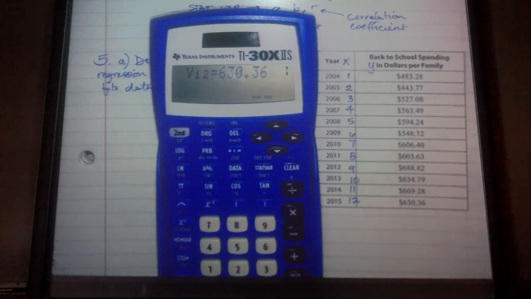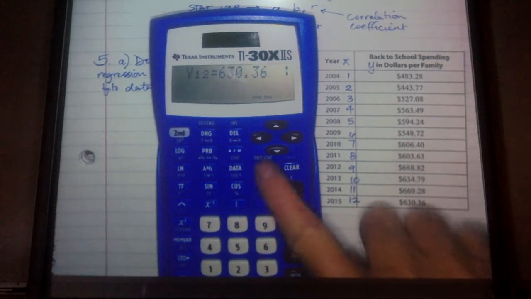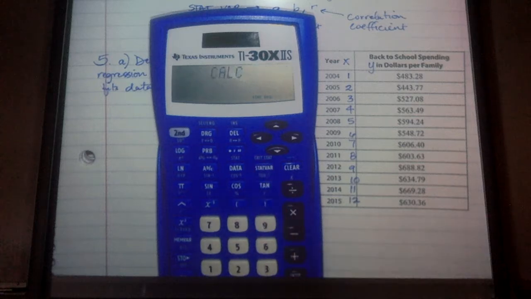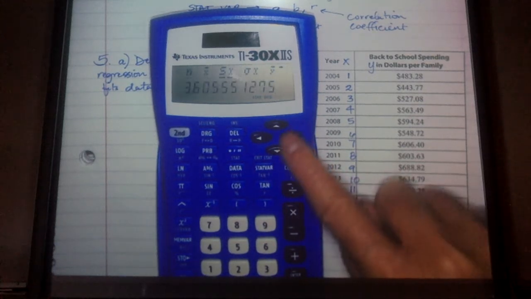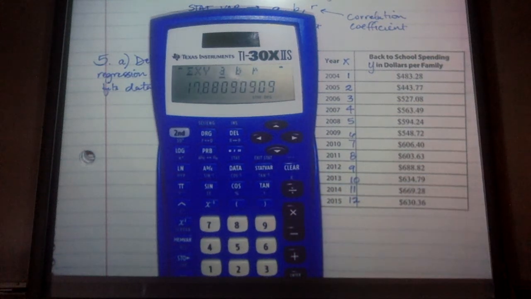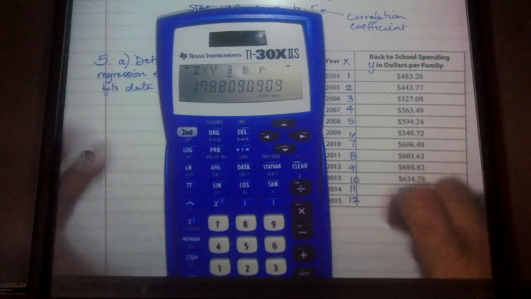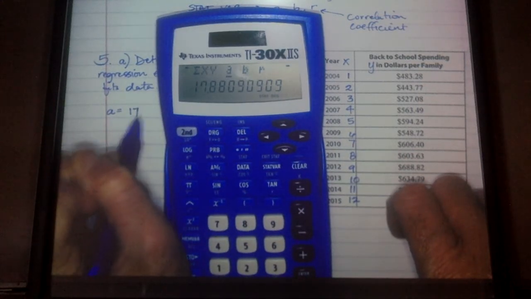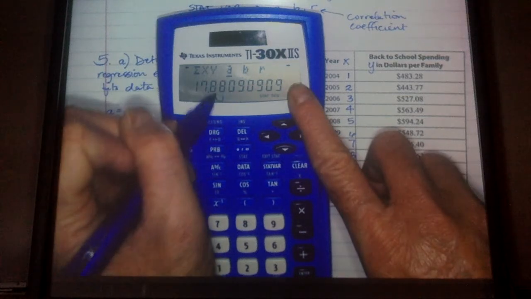So after you enter the data, then hit stat variance. It literally says STATVAR. It's calculating it. Now I have to move my arrow button all the way over till I get to A, B, and R. So notice A, I'm going to round to the nearest tenth. So 8 rounds up to 9.